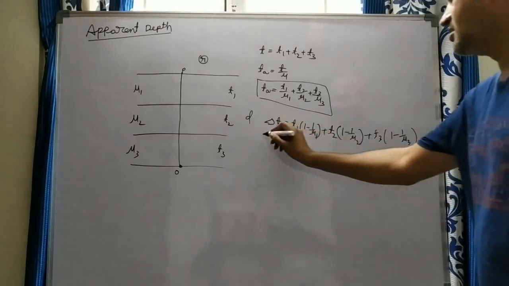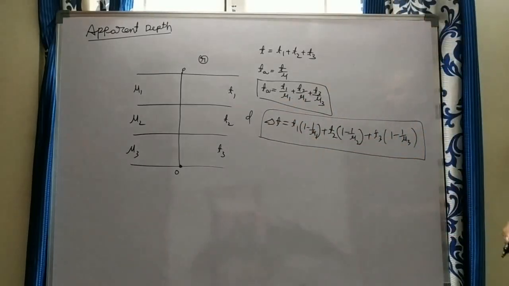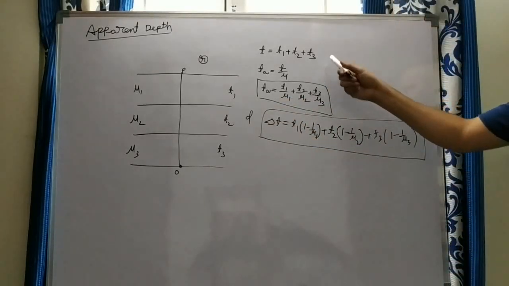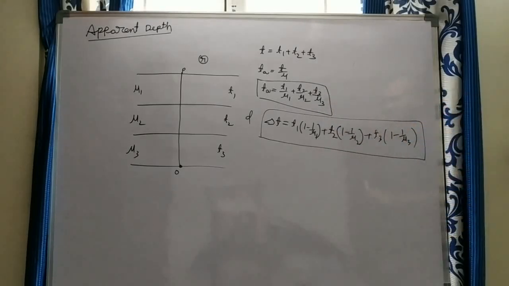Like this we can write. This is the total shift in the image. So real depth minus apparent depth, we get like this. That's what we call apparent shift.